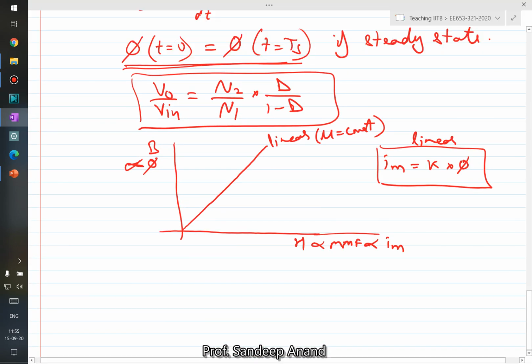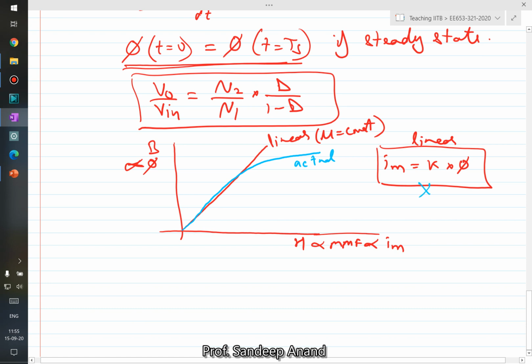linear, isn't it? The actual BH curve would have a saturating characteristic. So this is the actual BH curve, which saturates at one point. Then you can no longer use this equation.